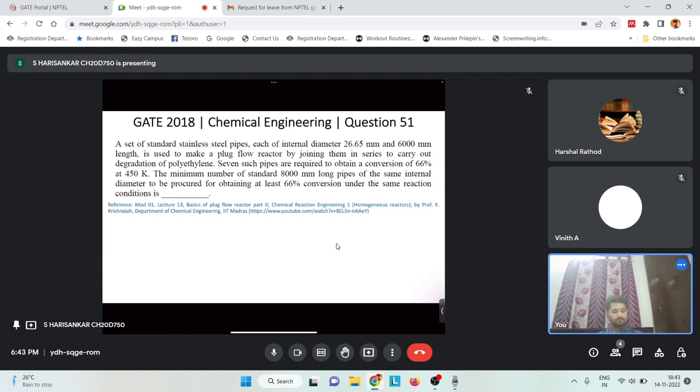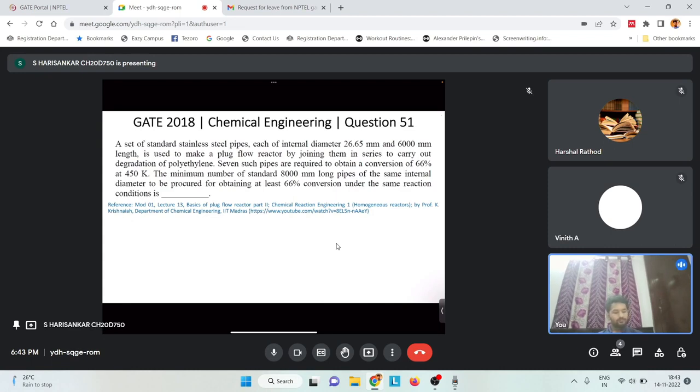The minimum number of standard 8,000 millimeter long pipes of the same internal diameter to be procured for obtaining at least 66% conversion under the same reaction conditions is dash.